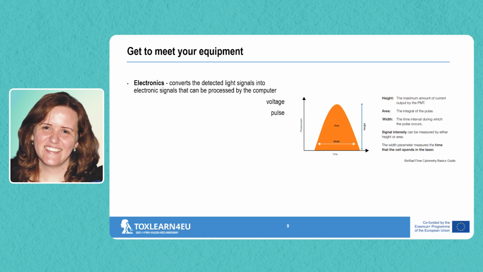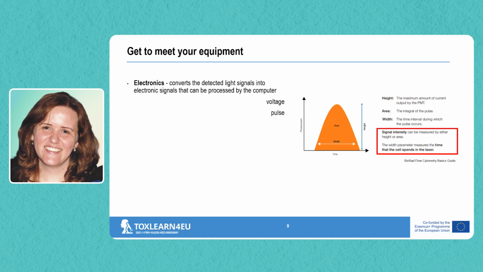So if you have a larger cell, or if you have two cells that are aggregated, the width of your pulse will be wider. And this is also very important when we want to distinguish the aggregates. We will see this in a minute when we talk about the application.